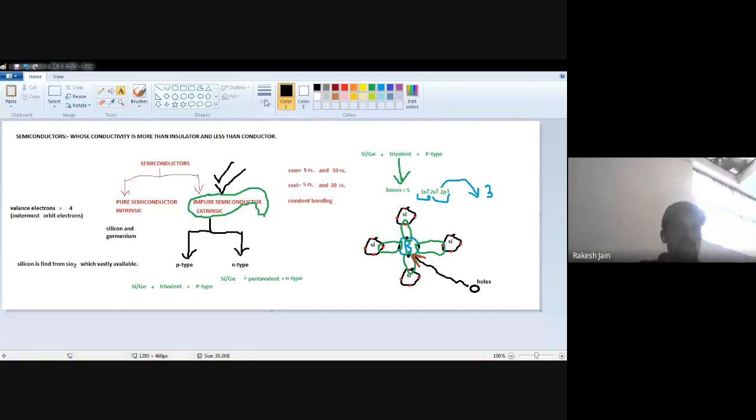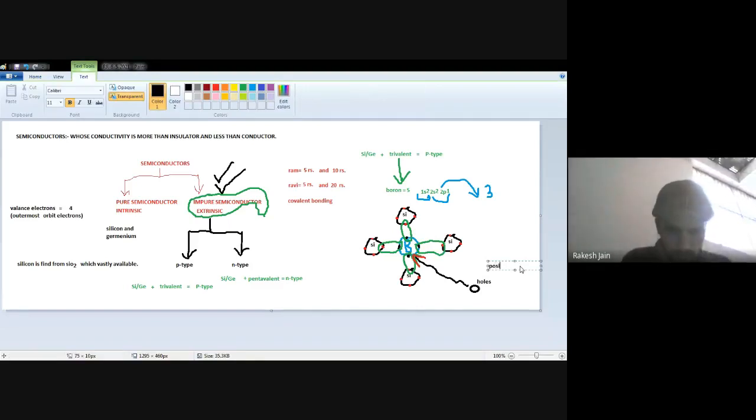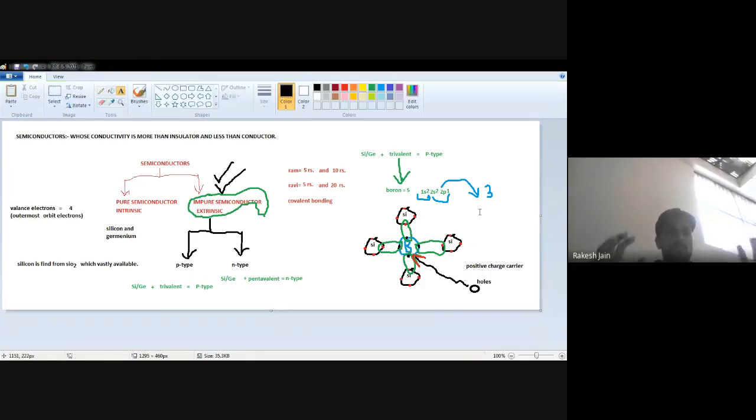Because holes are positive charge carriers, so many positive charge carriers will be generated in that semiconductor. Whenever one boron wants four-side covalent bonding, it needs one electron. It means from some other side one electron will come here. So whenever an electron comes here, a hole will be generated there. It means a positive charge carrier will be generated there.